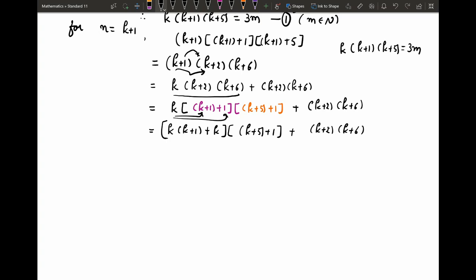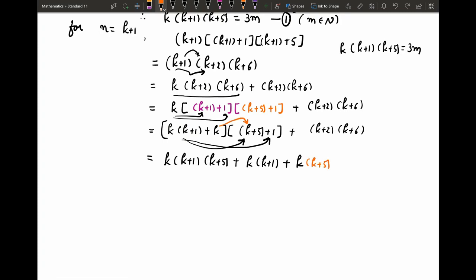Again we multiply, so this is this into this, so k into k plus 1 into k plus 5 plus k into k plus 1 into 1 plus k into k plus 5 plus k, plus k plus 2 k plus 6.